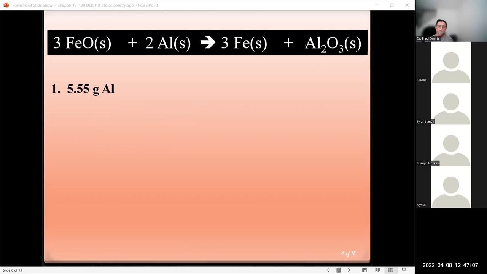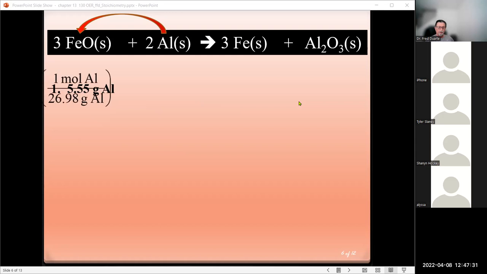So the first question was, if we start off with 5.55 grams of aluminum, how many grams of iron 2 oxide do we need? That's our relationship between these two here. Note the stoichiometric relationship is the 2 to 3.